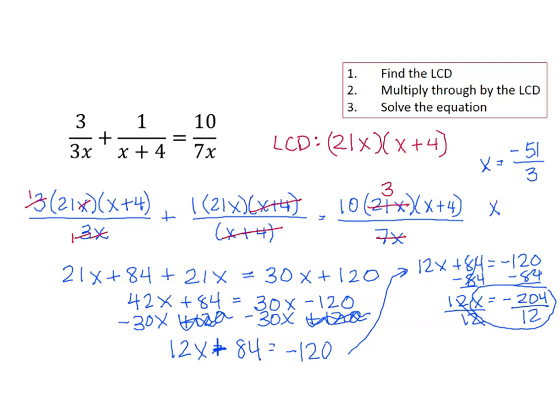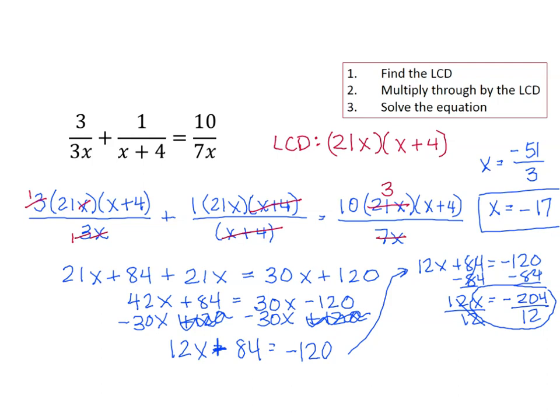So 51 is divisible by 3. So I would get, let's see, what is that? 3 goes into 5, 1, 2, 17, I think. Negative 17. So that would be my final answer.